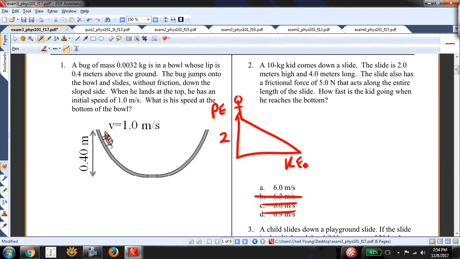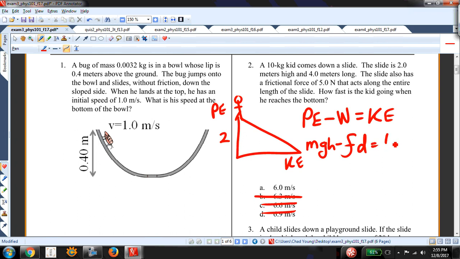So now, he has a certain amount of potential energy at the top. When he gets to the bottom, as he goes down the slide, the frictional force does work on this kid. That deducts from that potential energy. When he gets to the bottom, he has less kinetic energy than he started with in potential energy. So, mgh minus the frictional force times the distance is equal to 1/2 mv squared.